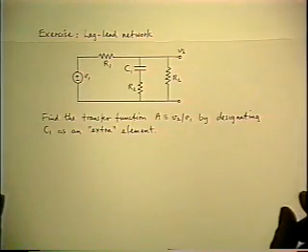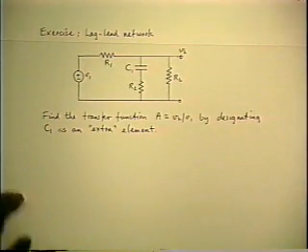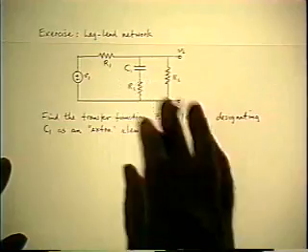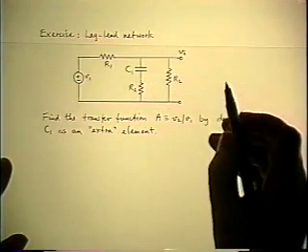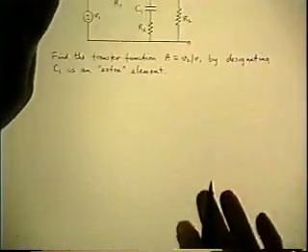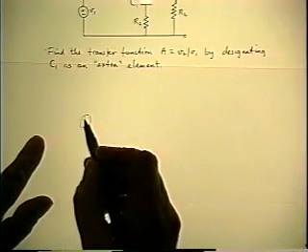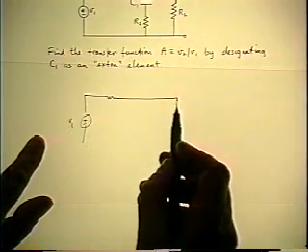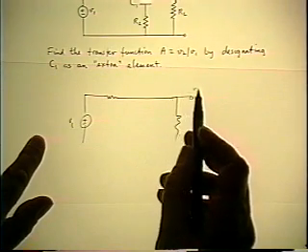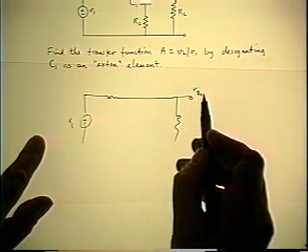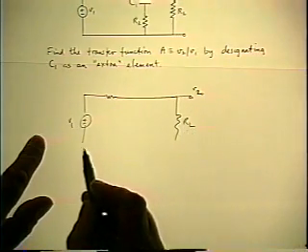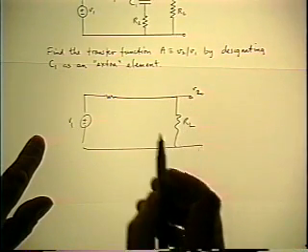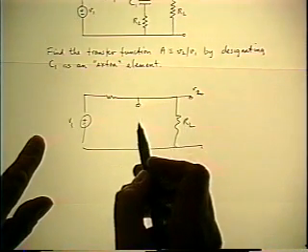Okay, the first step, dump the element, replace it with an open, and solve for the reference circuit. So here's the V1, R1, RL, and there's the open.